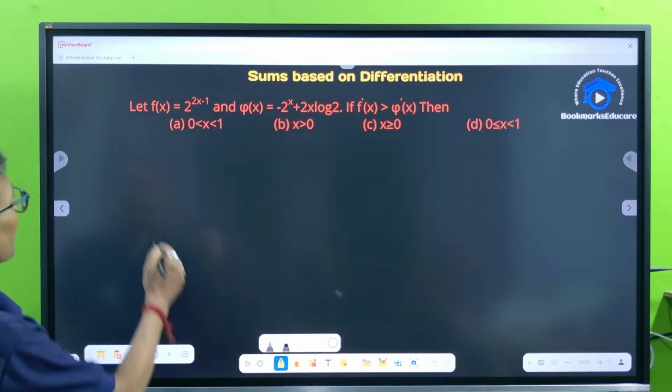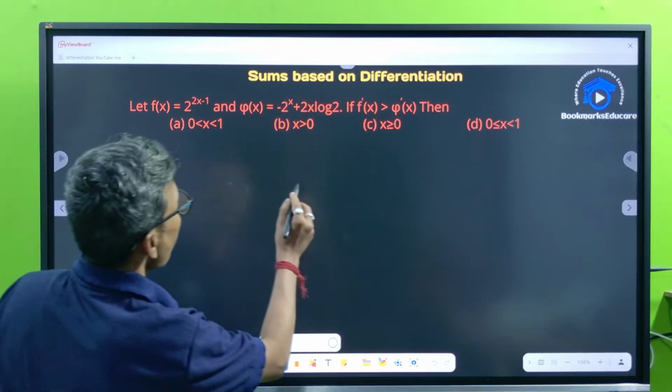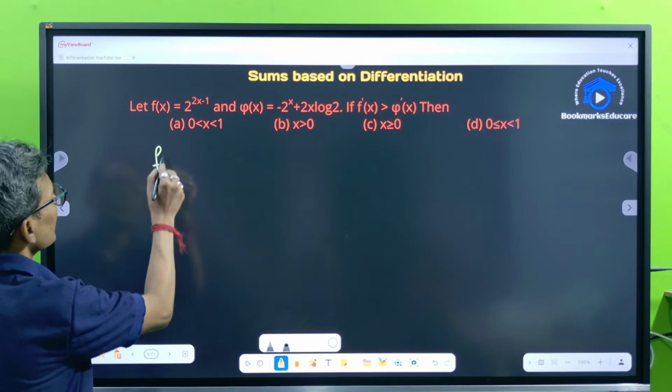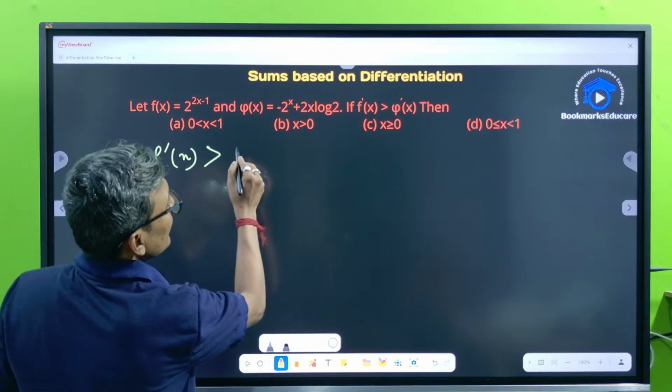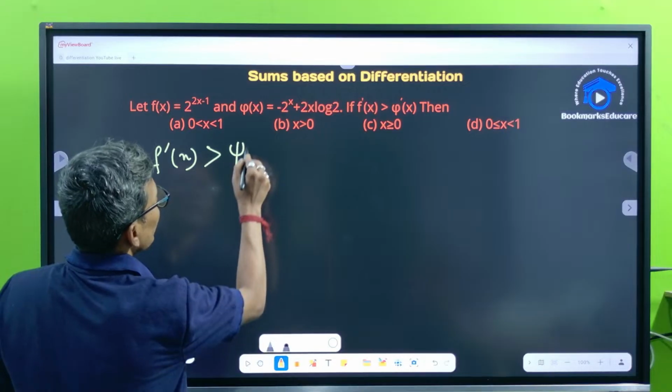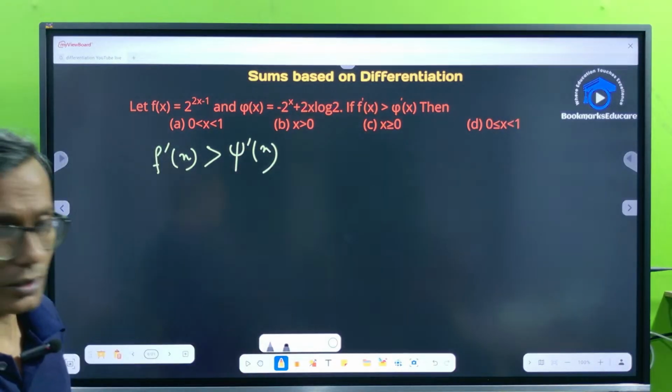So, first of all, we have to find the first order derivative of the two given functions.